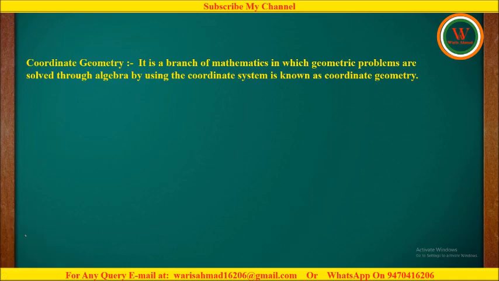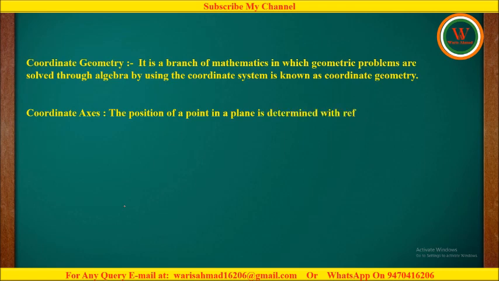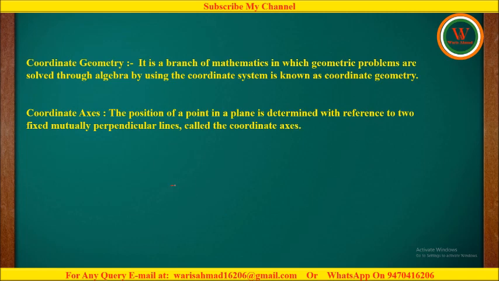Now, the next topic of this chapter is coordinate axis. The position of a point in a plane is determined with reference to two fixed mutually perpendicular lines called the coordinate axis. It means that suppose we are having one horizontal line and second one is vertical line.